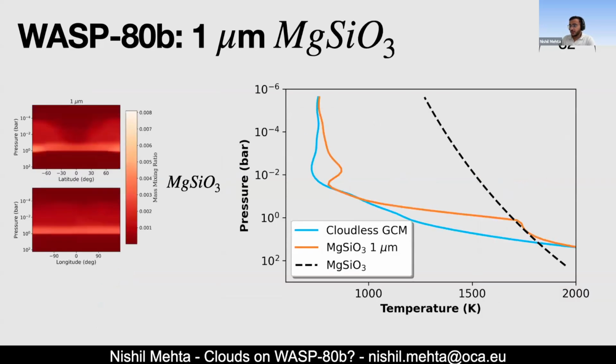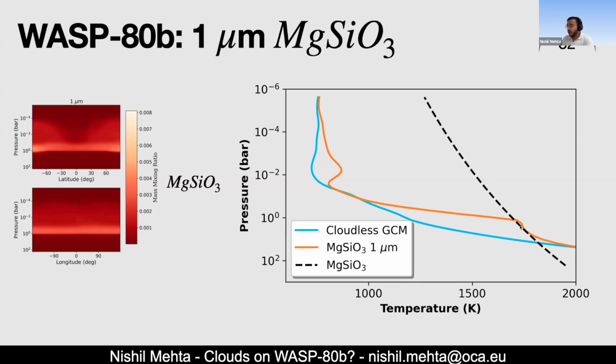And finally, one of the interesting cases I'd like to show is 1 micron silicate clouds. Now, silicate clouds are very optically thick, and here in the TP profile, we can see that the TP profile is following the condensation curve in this region. Now, this is interesting because if the TP profile is cooler than the condensation curve, then the clouds would start forming.